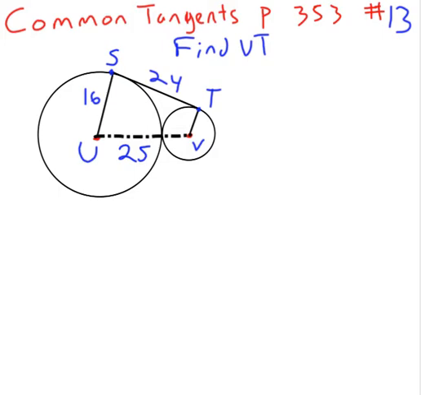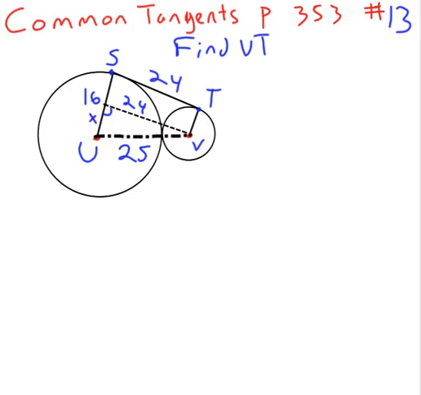Now this one, they give you a lot of information on here, and I guess there are ways you could solve this using the box. You could draw a rectangle, and it's good to get in the practice of recognizing when we need to draw a rectangle. And you might notice that the rectangle that we just drew becomes the base of this new triangle that we've created here, that's going to have a measure of 24 because that is the measure of ST. The hypotenuse is 25, so that would let us find this small leg right here.